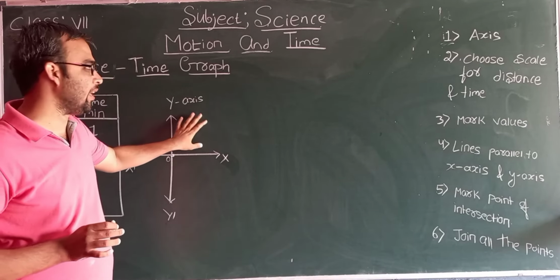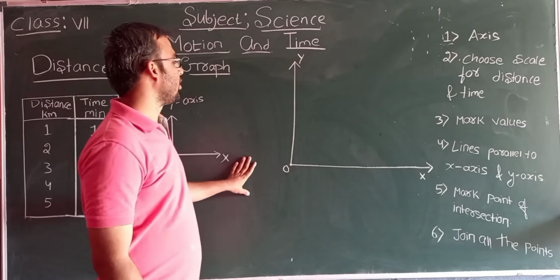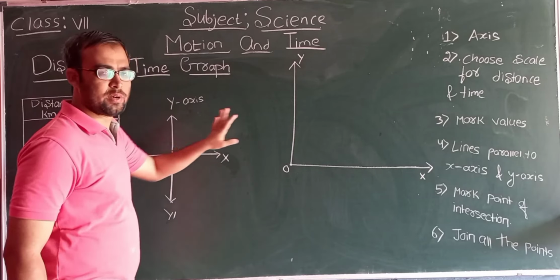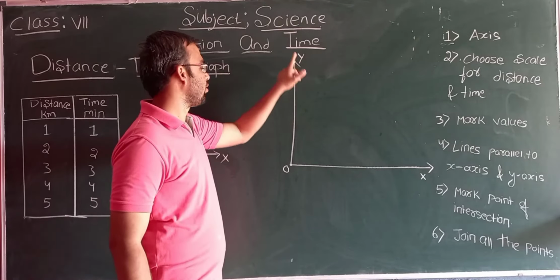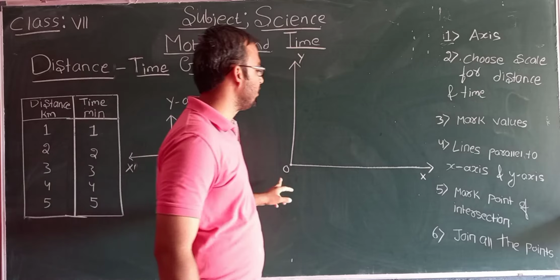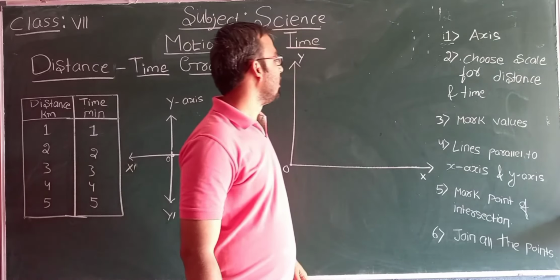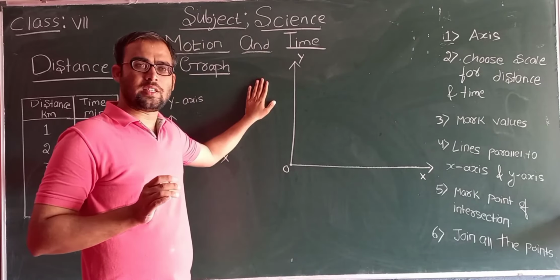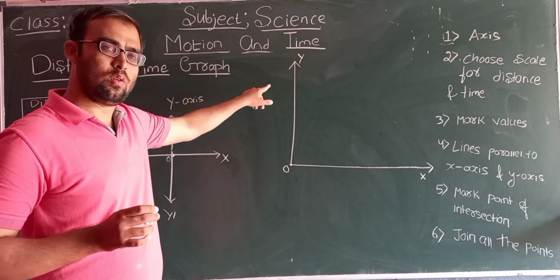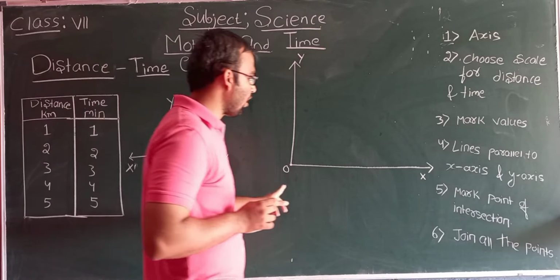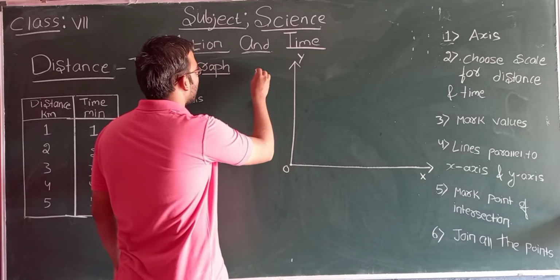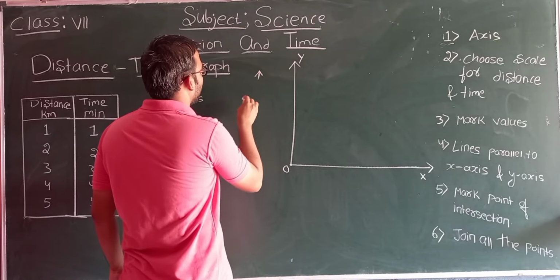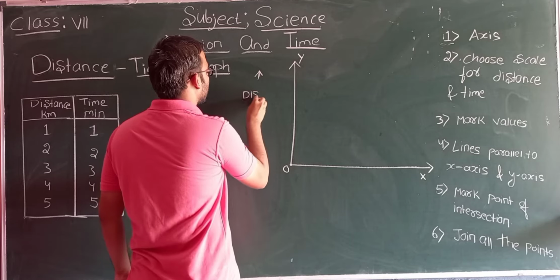Now, to plot the graph we will take only this part. This is the Y axis, and this is the X axis. Here we'll write the distance along the Y axis and the time along the X axis.